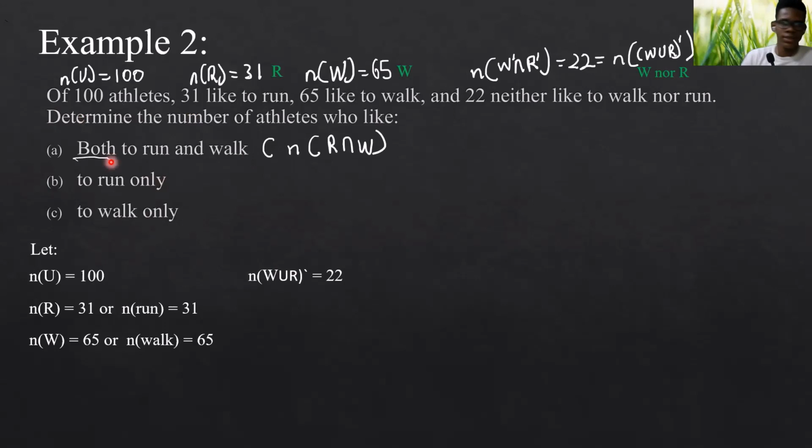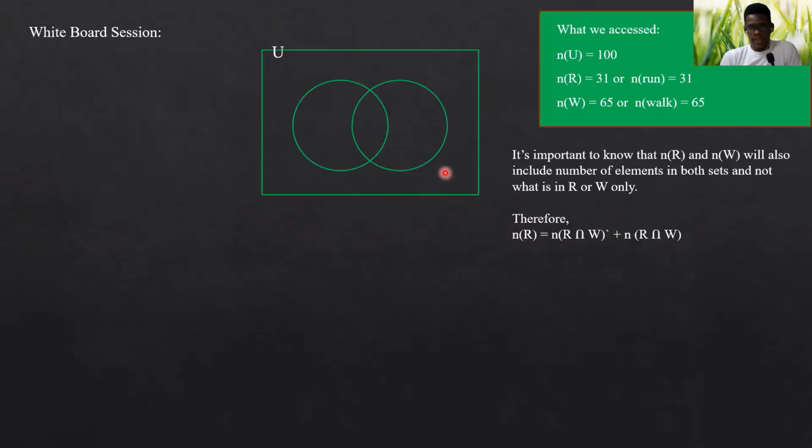However, this is a tricky one, the number of elements in R intersect W. What's important to know is that the number of elements in R and the number of elements in W will also include the number of elements in both sets, and not just what's in R only and W only.